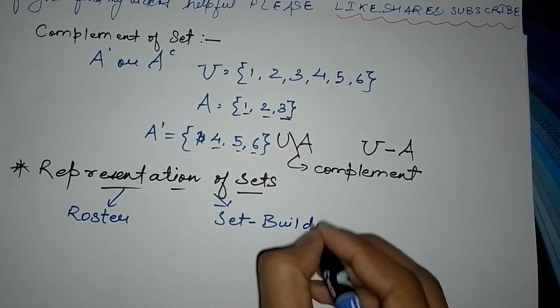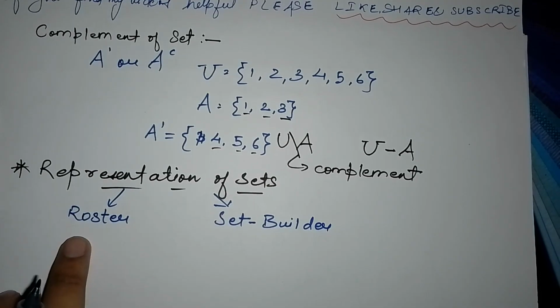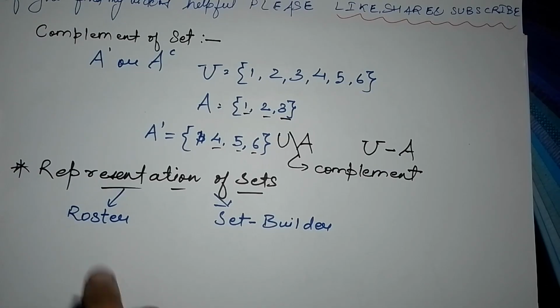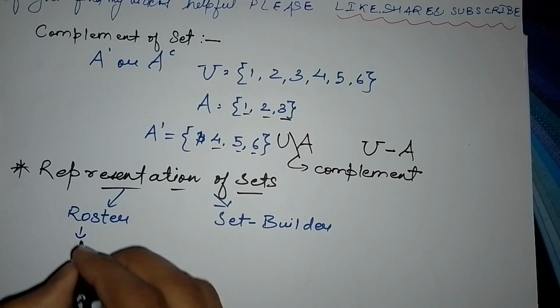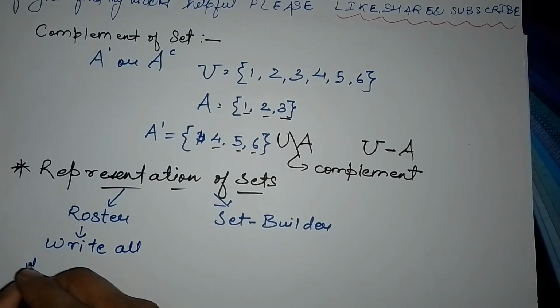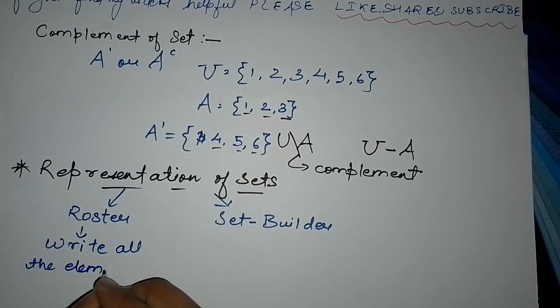Once again, what is the first method called? The first method is called Roster form and the second method is called set builder form. Now what is Roster form? In the Roster form we write all the elements explicitly.